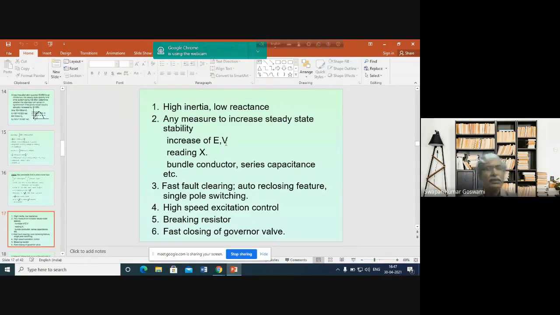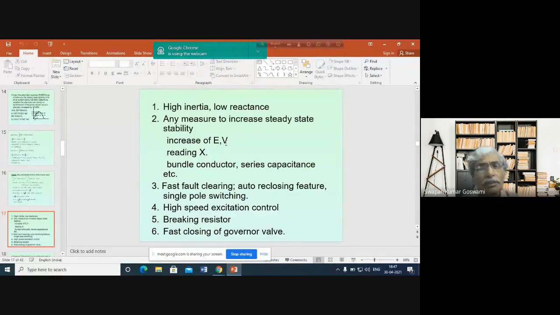For a disturbance, delta will be able to swing through a longer period, through a wider range of angle, and that will give the controller more time within which it can adjust the control parameters such that the transient stability of the system is maintained. Okay, this is therefore how the improvement of steady state stability will help to improve the transient stability as well.